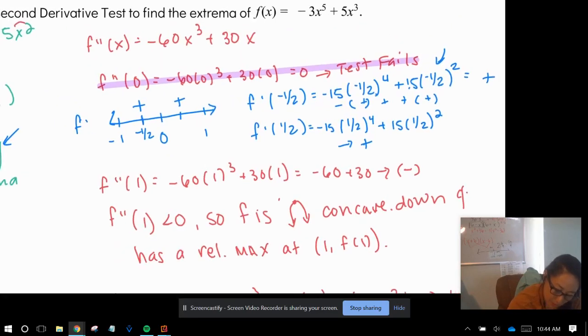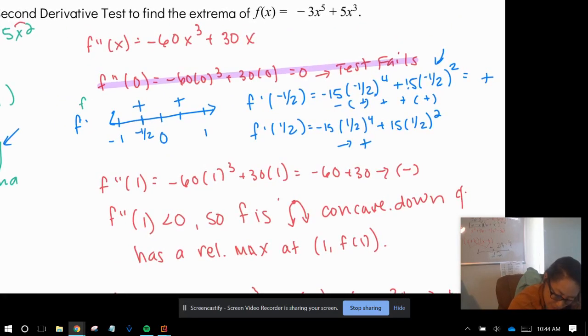So the graph of f increases and then increases. Since both of these values are positive, we don't change between increasing and decreasing sections. So we do not have a relative max or min.